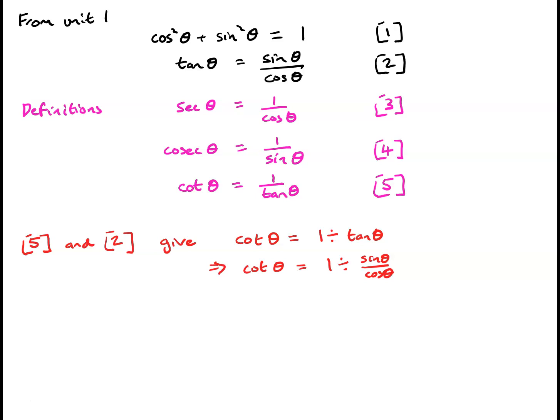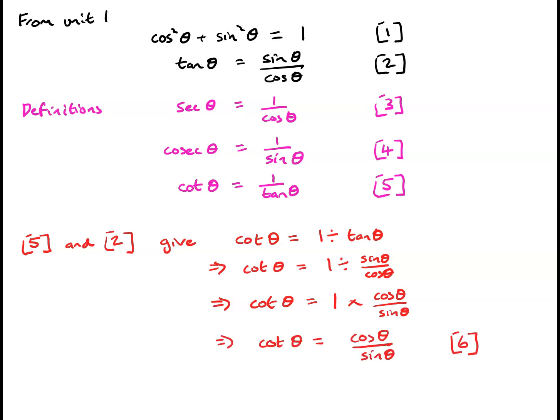Dividing by a fraction, we simply turn the fraction upside down and multiply. So cot theta is the same thing as 1 times cos theta over sin theta. In other words, cot theta equals cos theta divided by sin theta. We're going to call that identity 6 in our little list of identities.